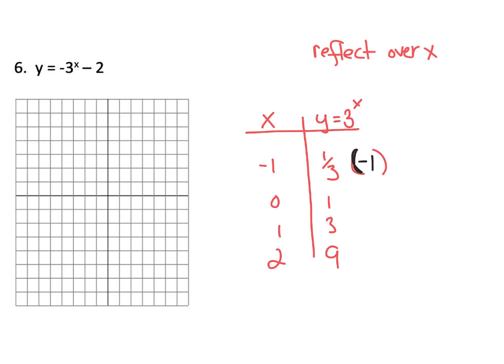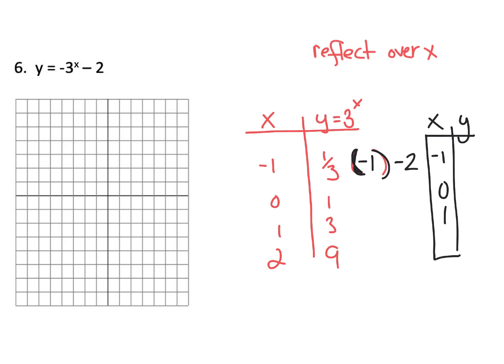So I'm going to multiply this column by -1. And I have a vertical shift down 2, which means I'm going to then subtract 2 to each of my y values. So my new ordered pairs, the x's, there'll be no change in those. So -1, 0, 1, and 2. But my y's will become -2 1/3, -3, -5, -11.